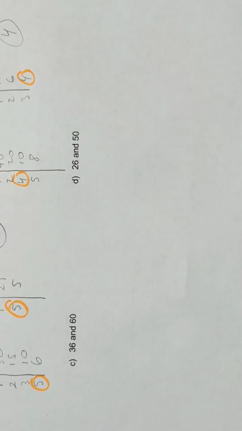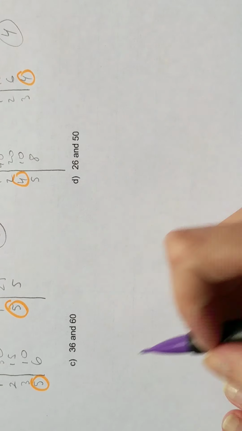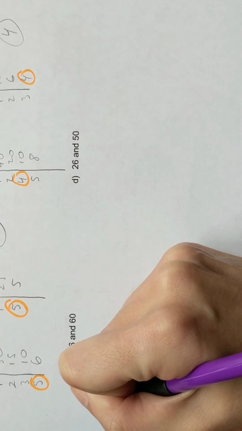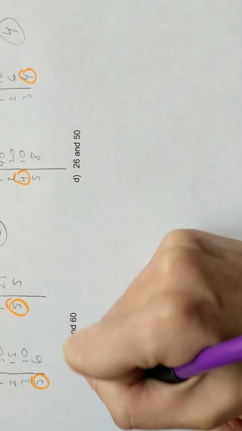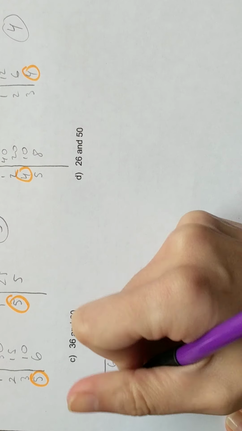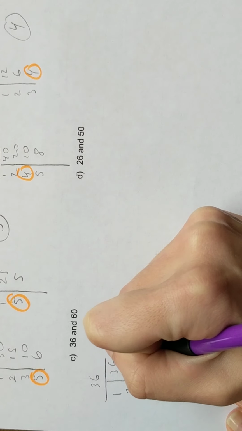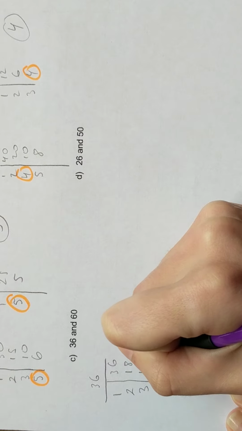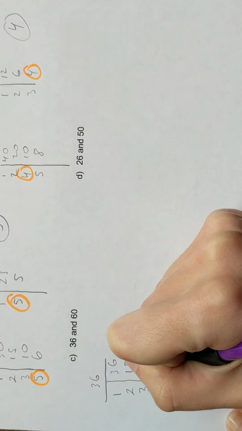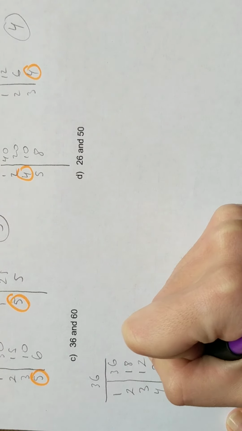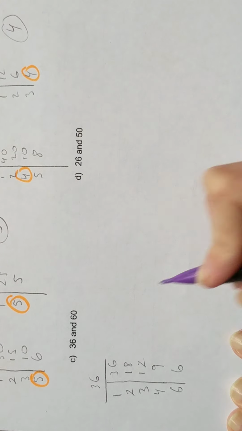Let's do 2 more examples, 36 and 60. I'm going to start with 36. 1 times 36 is 36, 2 and 18, 3 and 12, 4 and 9, and then 6 times 6.